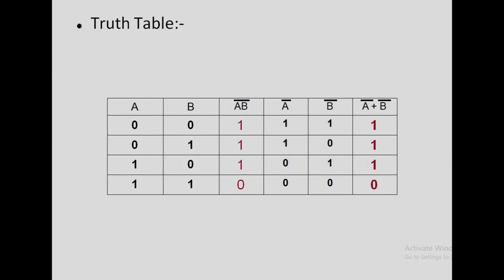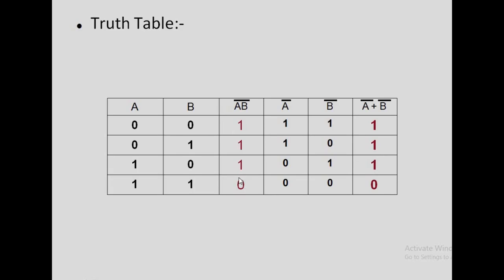Truth table to prove De Morgan's theorem. We can take any two inputs A and B. So for two inputs there are four possible combinations. If we are ANDing these two inputs, or we can say NAND operation, we can operate here. So your output is 1 1 1 0.